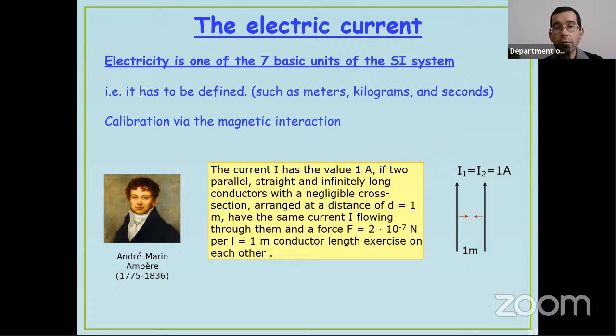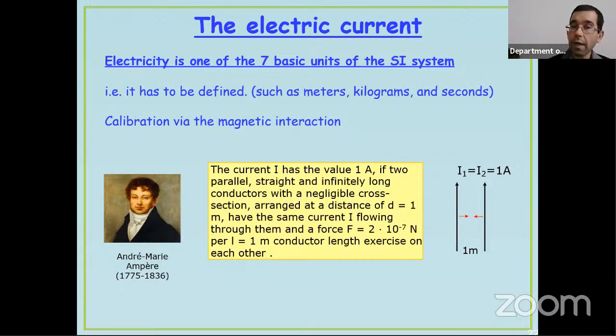The electric current is one of the 7 basic units in the SI system. So that's the reason why it was defined. So very precisely it was measured, and then it was standardized.